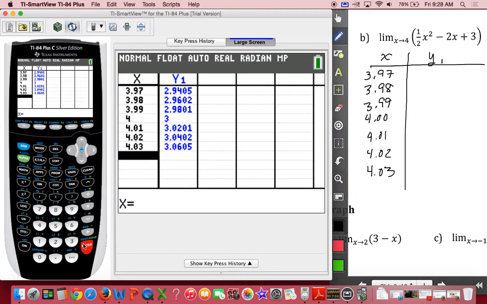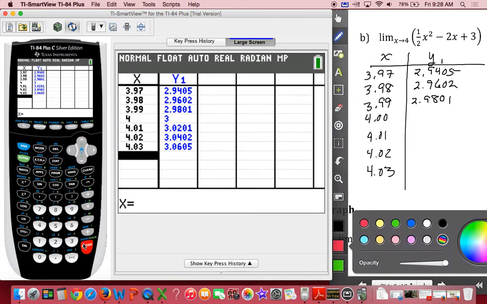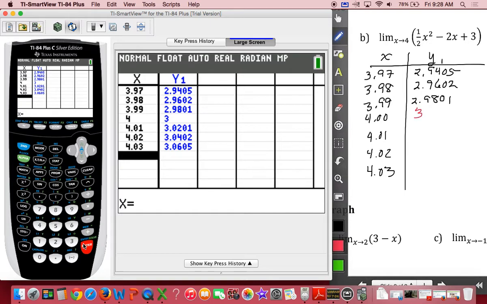Whew, it takes a long time to type on the computer. Okay, so here are your values.